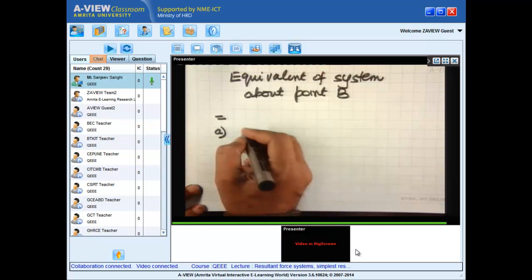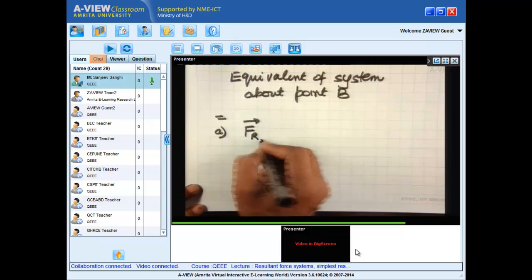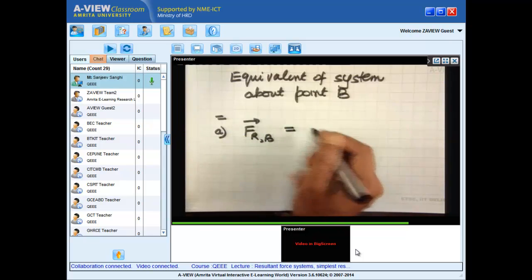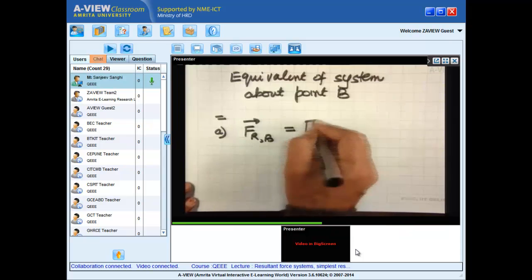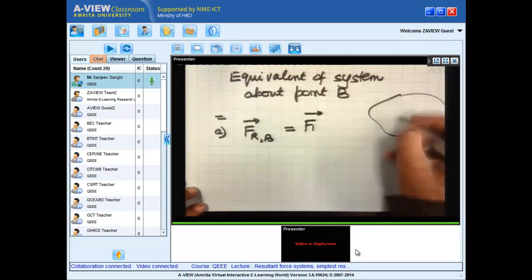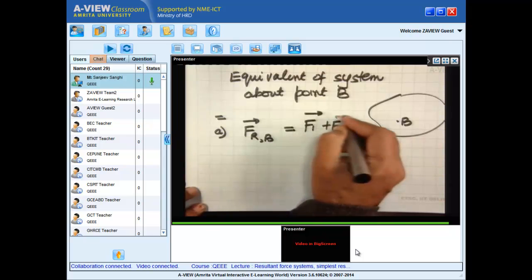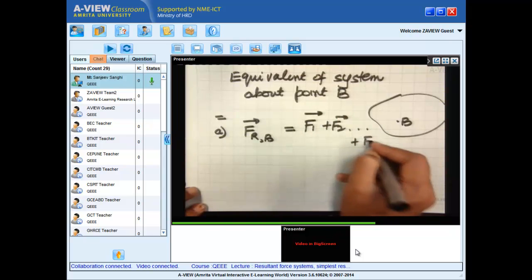The first part would be a force, let me call it Fr, at point B, and this would be equal to: we shift force F1 to B, we shift force F2 to B. So this is a point B, and here the force F1 plus F2 up to plus Fn.